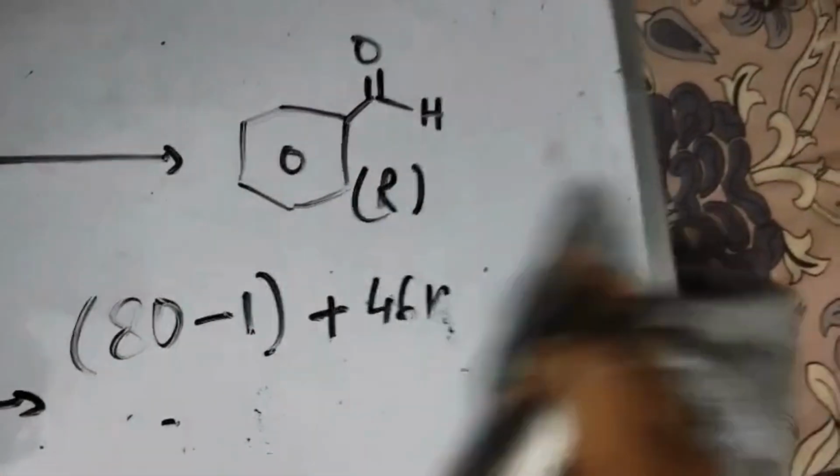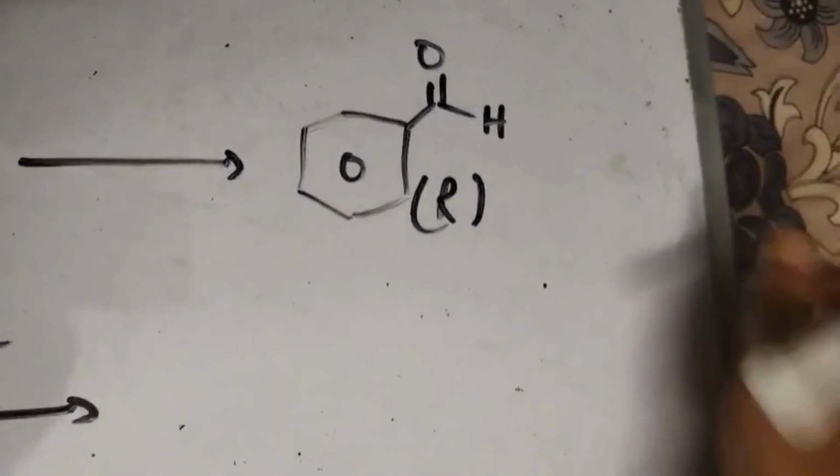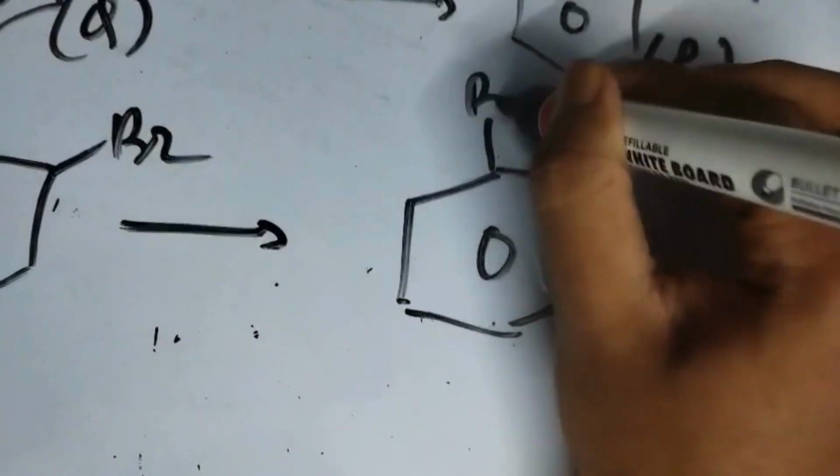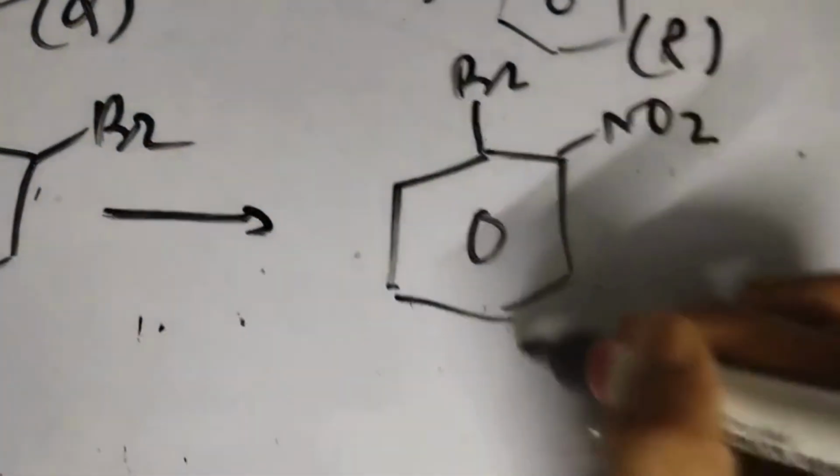Now where will these two nitro groups be attached? Because bromine is an ortho and para directing group, we get substitution at the ortho and para positions.